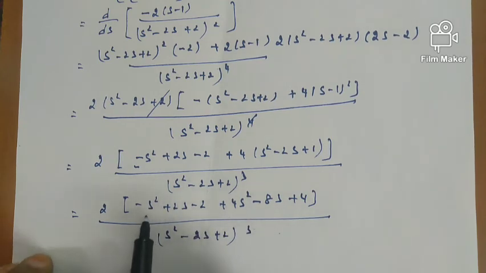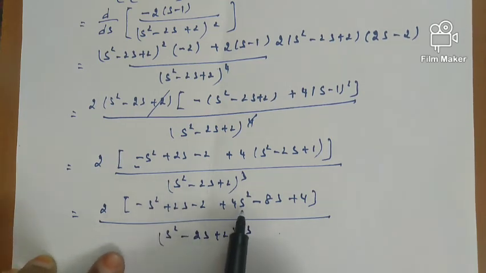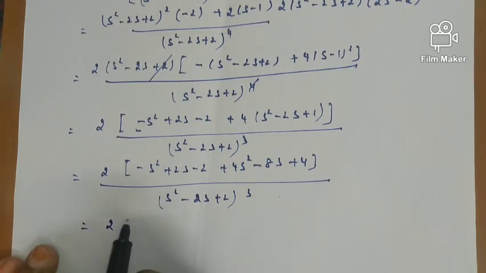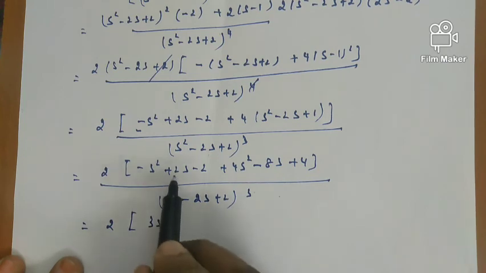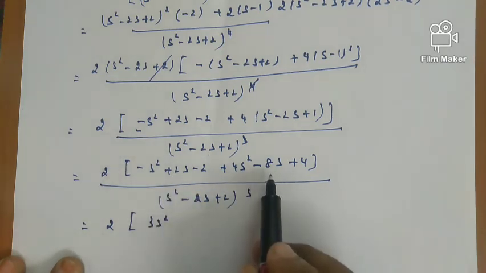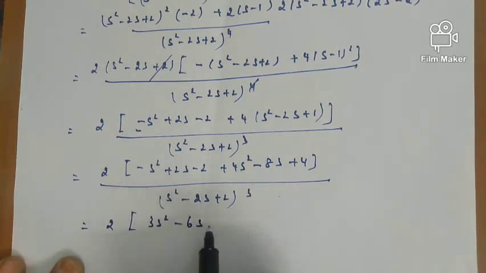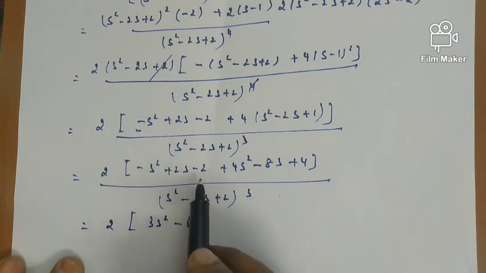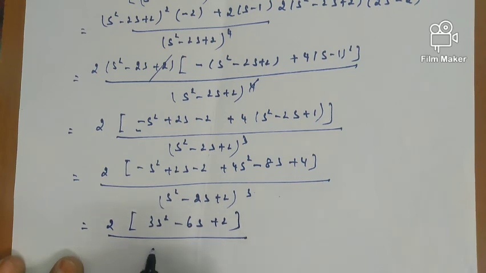So now look at this, minus s square plus 4s square, so that is equal to 2 into, how many times s square? 3 times, so 3s square, and here it is 2s and minus 8s, so minus 6s, and here it is minus 2 plus 4, so plus 2, whole divided by (s square minus 2s plus 2) the power 3.